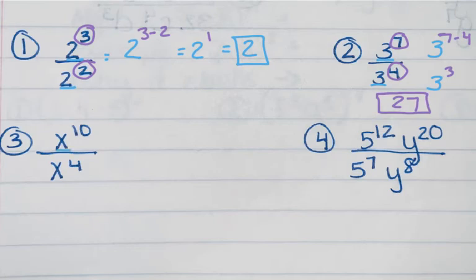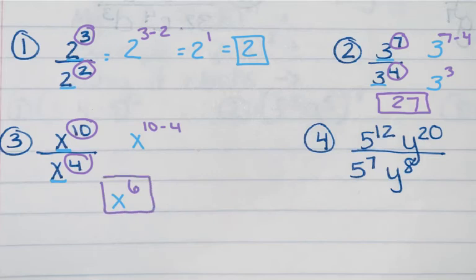Okay, this next one, I have a base of x. My exponents are 10 and 4. So this is going to simplify to x to the 10 minus 4. So I'm going to get x to the 6. Again, if this is confusing how I'm doing the math, it's okay to write that out.